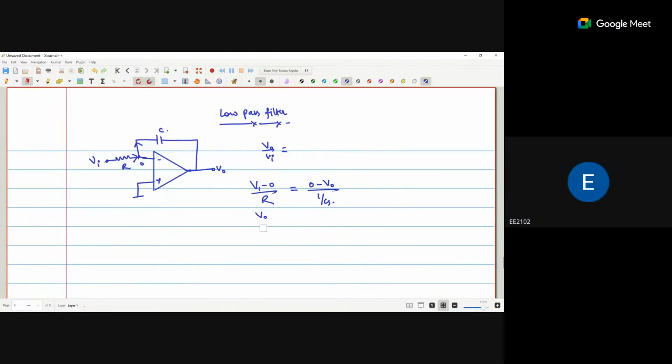So V naught is minus 1 by RC S times Vi. Basically, in the Laplace domain, 1 by RC and 1 upon S is basically the integrator. So V naught is nothing but minus 1 by RC integration of Vi dt. So that is an integrator.